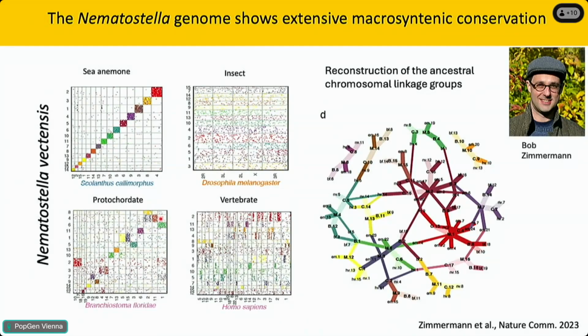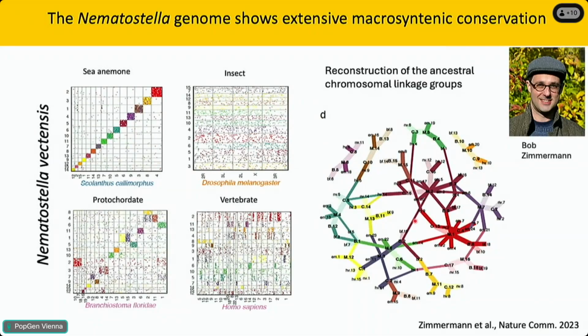And we can use this information, by pairwise comparisons between all kinds of animals, to reconstruct the evolution of these ancestral linkage groups, which you can take as a proxy for chromosomes, and bring them down to the metazoan ancestor and then the bilaterian ancestor and so on. I don't want to go into any of these details, but it's quite interesting to reconstruct the history of the chromosomes, which really dates back more than 600 million years in many organisms.